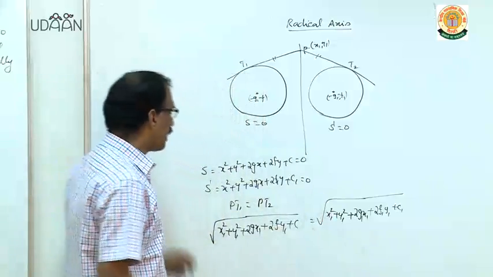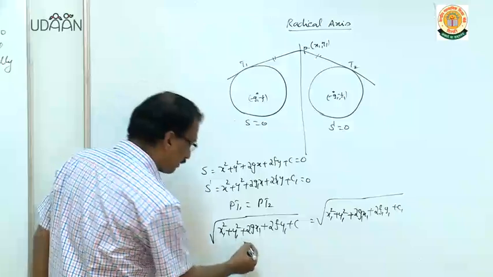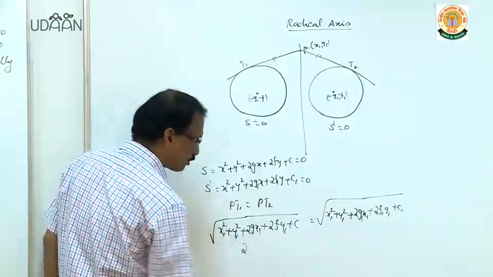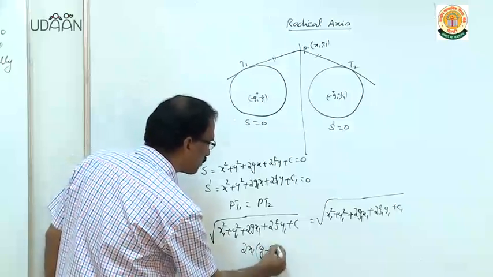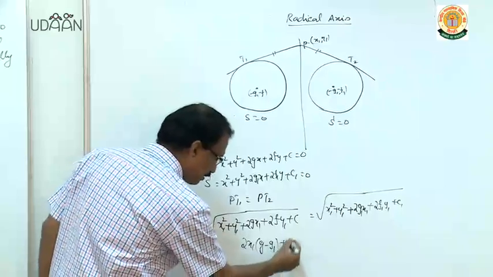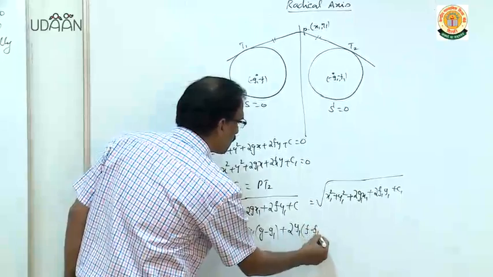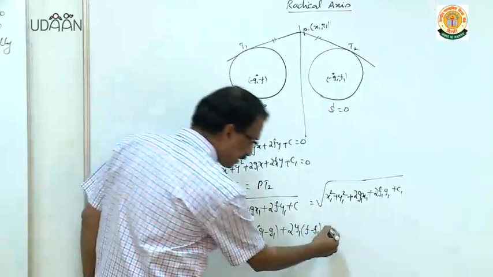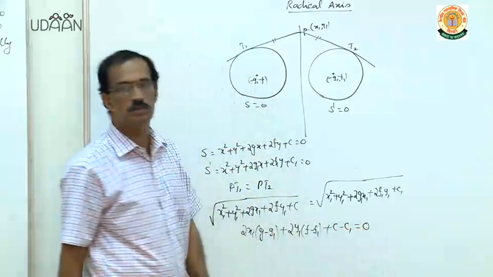Or if you square and bring everything to one side, we get the equation as 2x1 into g minus g1 plus 2y1 into f minus f1 plus c minus c1 equal to 0.